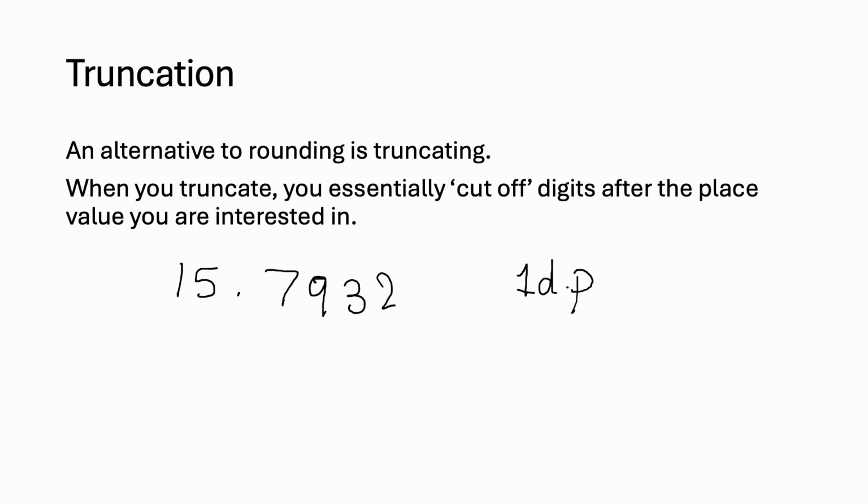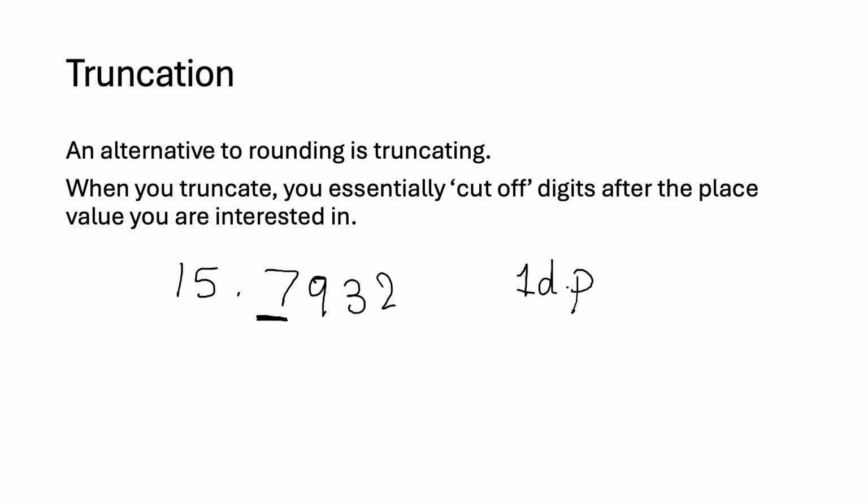Similar to rounding, we first look at the first decimal place here, which is 7. But what is different from rounding is that when we round, we normally look at the number to the right of it, and then we judge, okay, are we going to round up or are we going to round down?